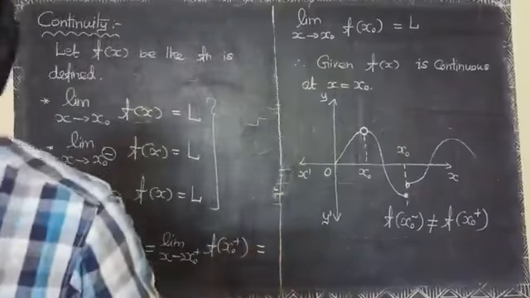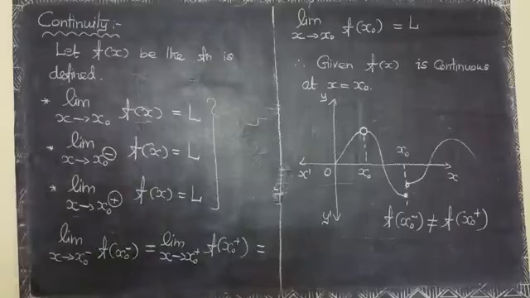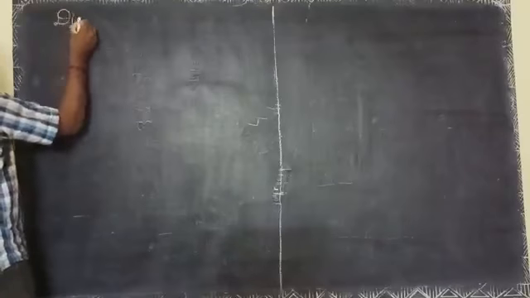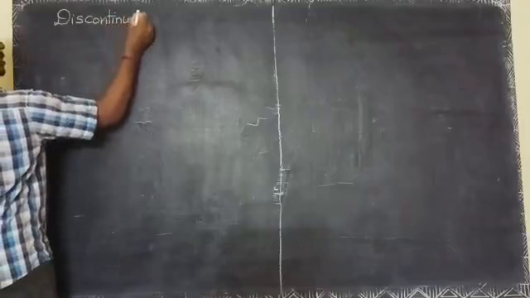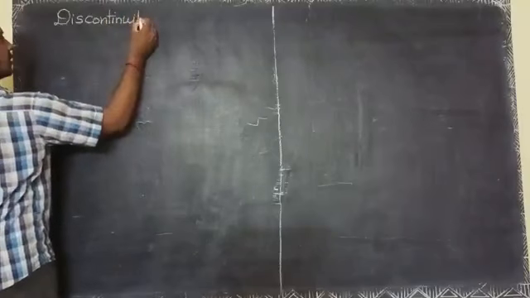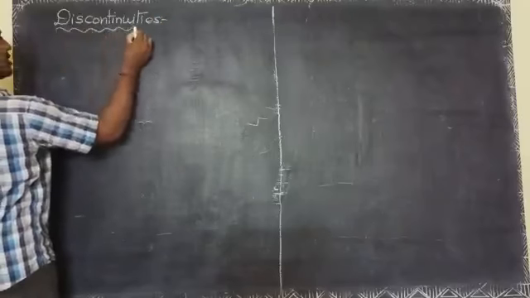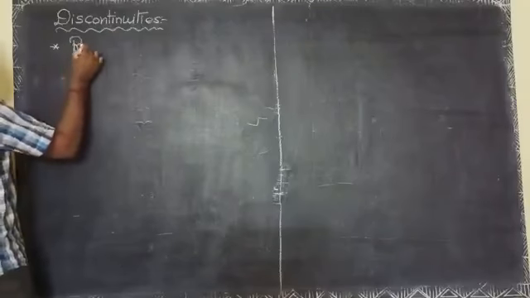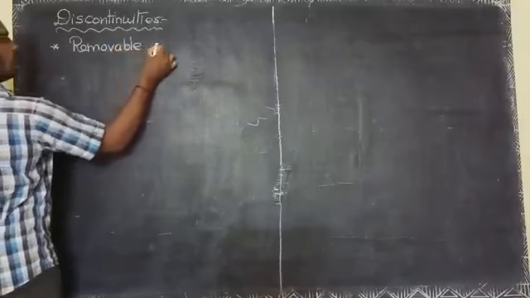Okay, next we will discuss types of discontinuities and definitions. What are the types of discontinuity? They are classified into three types. First one, removable discontinuity.